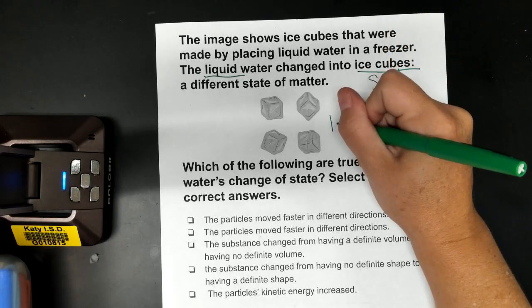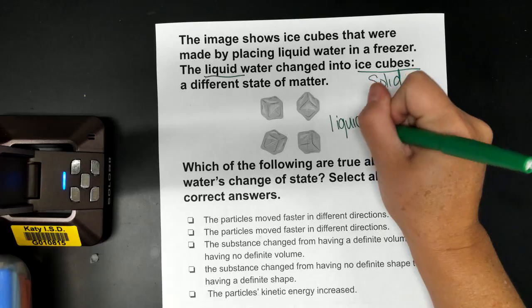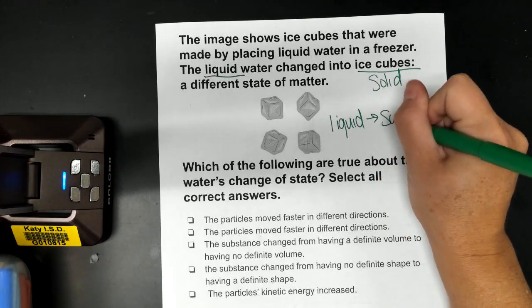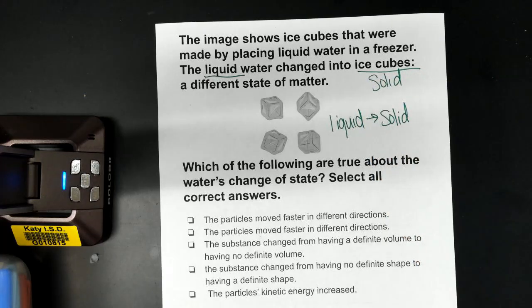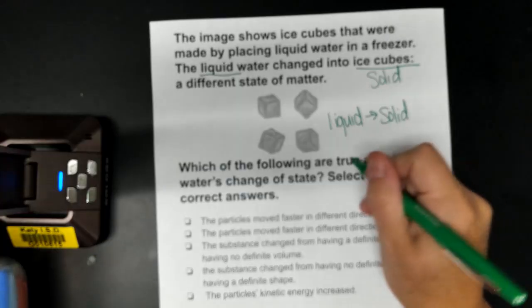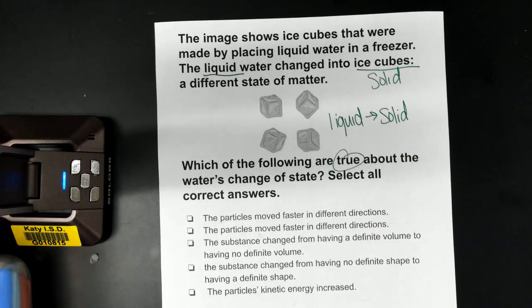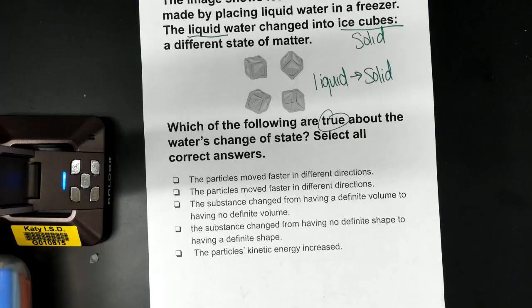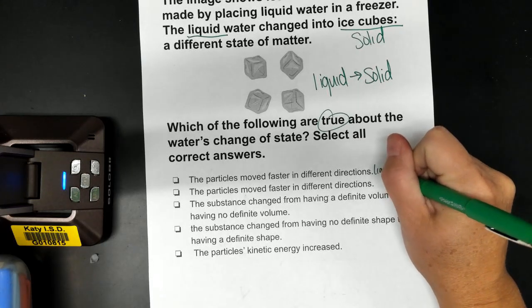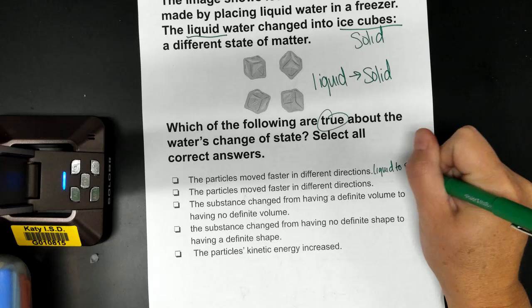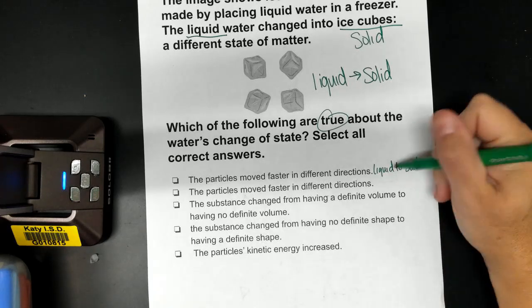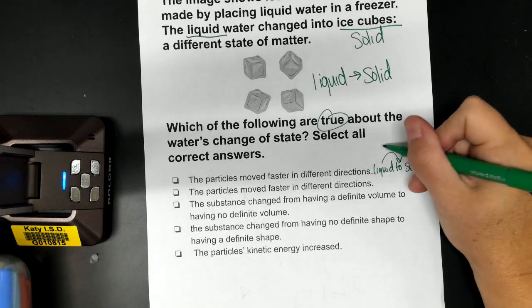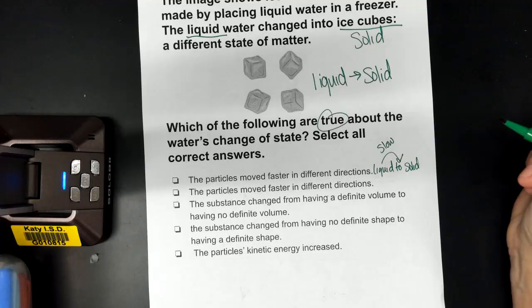So I'm thinking liquid to solid in this question. And I'm looking for what is true. All right. The particles move faster in different directions when I go from a liquid to a solid. Are they moving faster? No, they're slowing down.